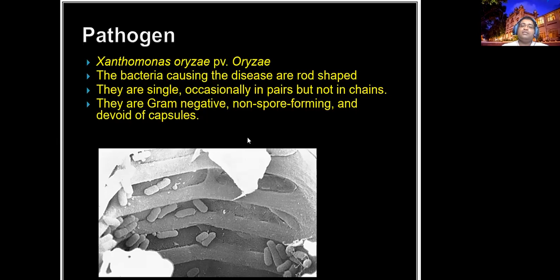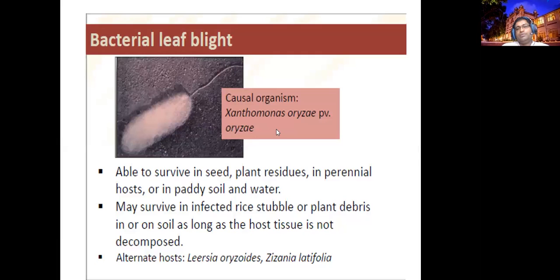It is a gram-negative, non-sporing bacterium that develops capsules. You can find a single polar flagellum in Xanthomonas oryzae, as you would have studied in microbiology. It can move through seed, plant residues, even water and soil.